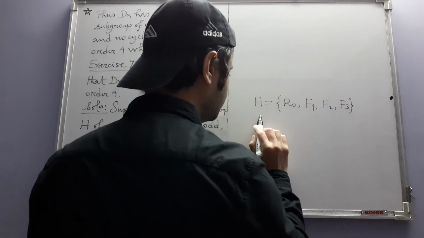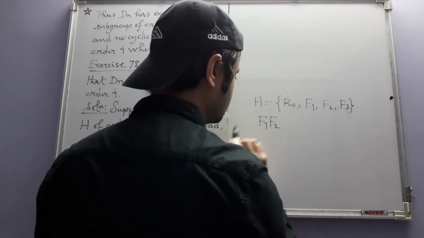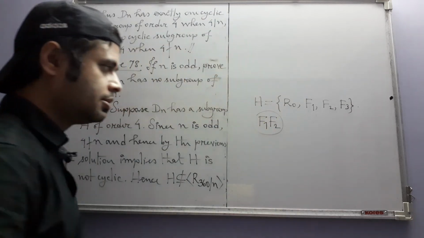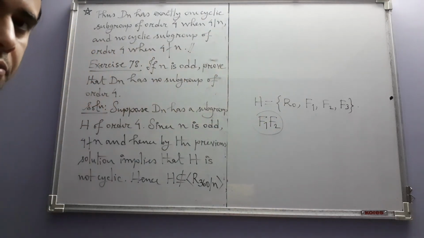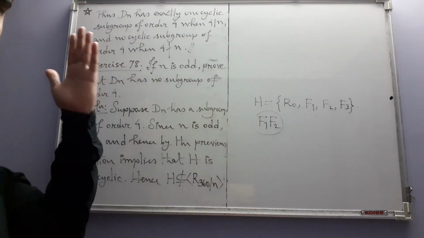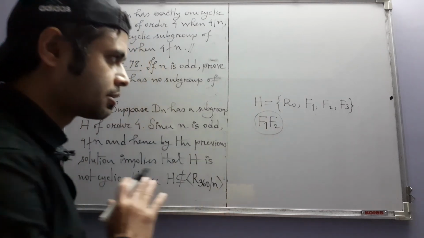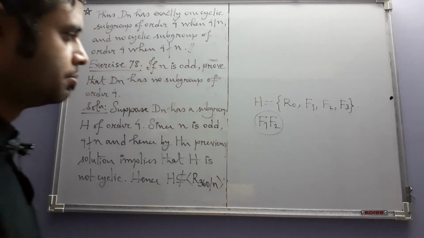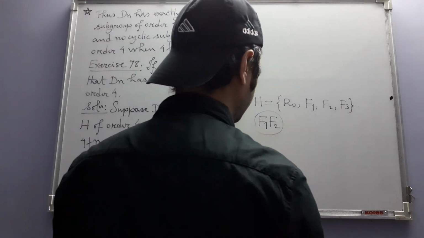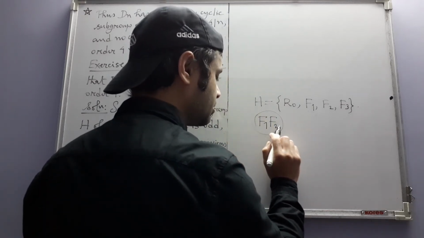Now if you have two distinct reflections, then their product is a rotation. These are things we have already seen when we solved many exercises on the dihedral group and its element structures. Now this is a rotation.